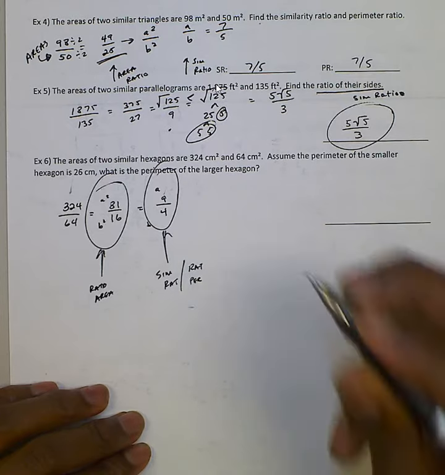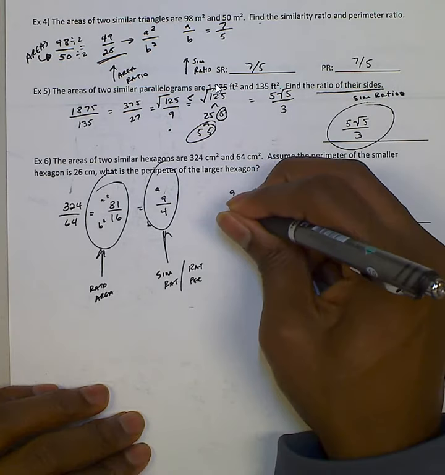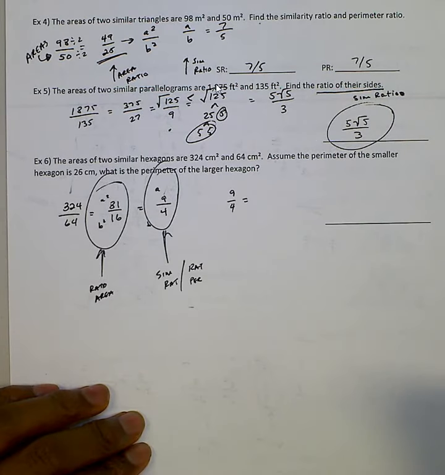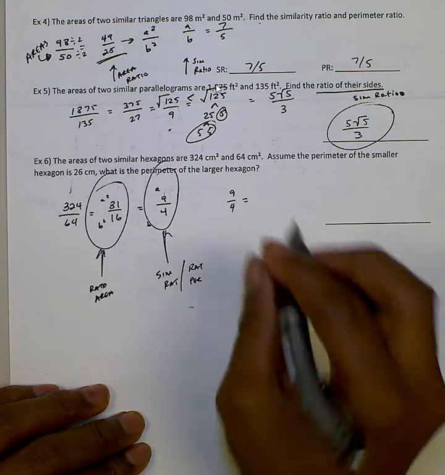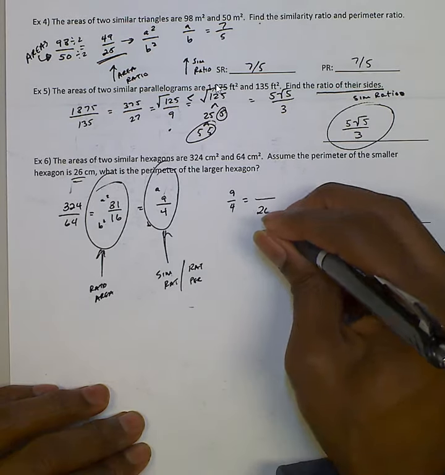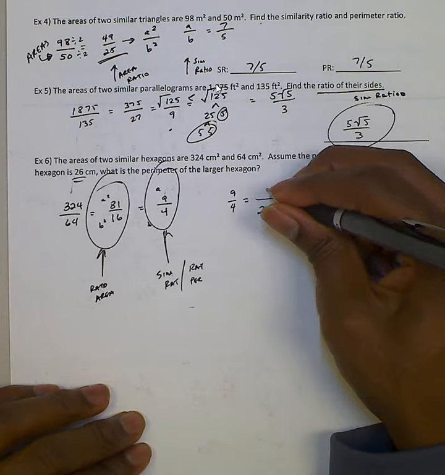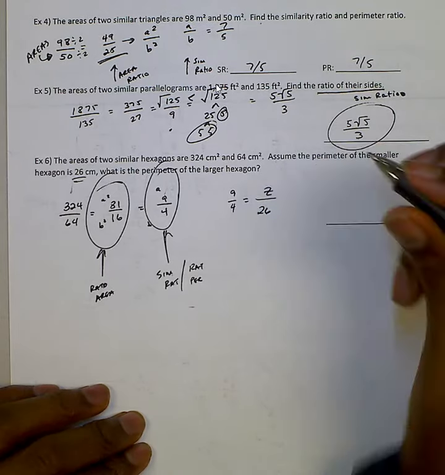Okay, so I'm going to use this ratio, 9 over 4, to find the perimeter of the larger hexagon. They said we're assuming that the smaller hexagon was 26 centimeters. I know the smaller hexagon goes with the smaller number. Don't know the perimeter of my larger hexagon, I'll use z there.